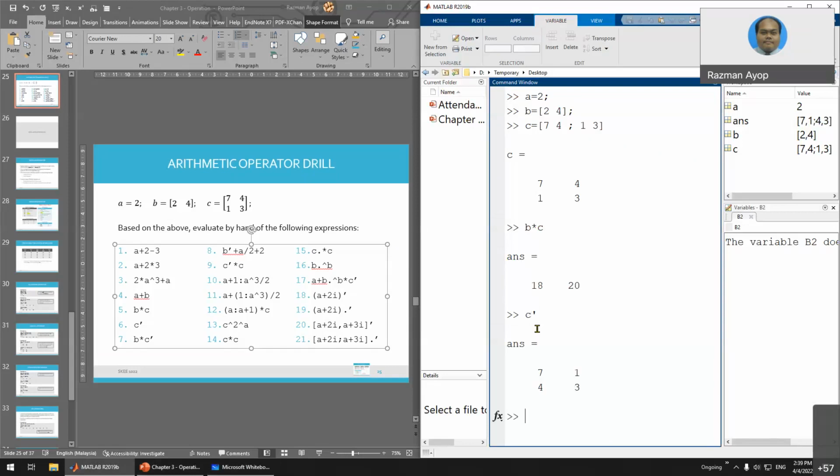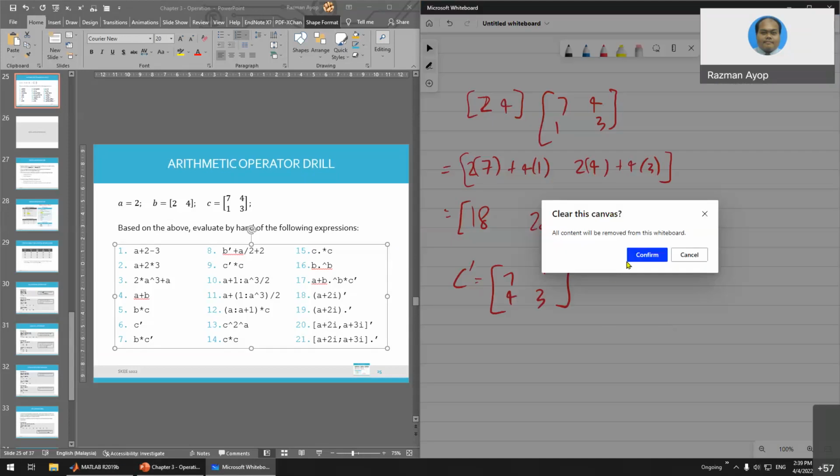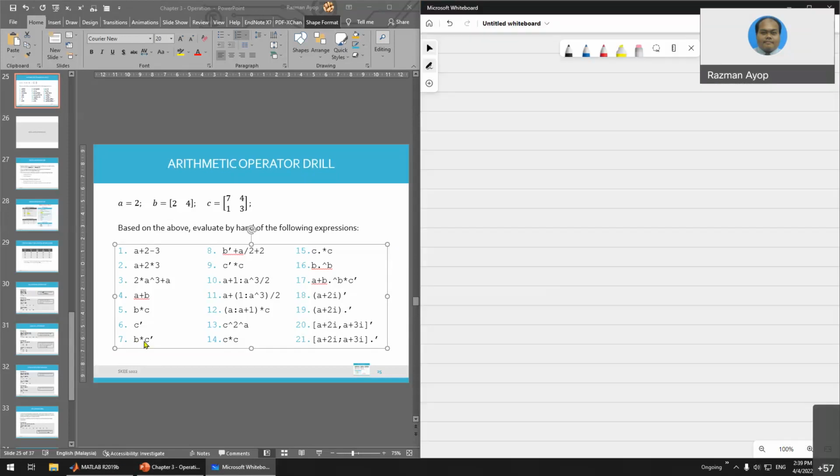C transpose, the answer is the same. I think B is also simple. Okay, how about this one?